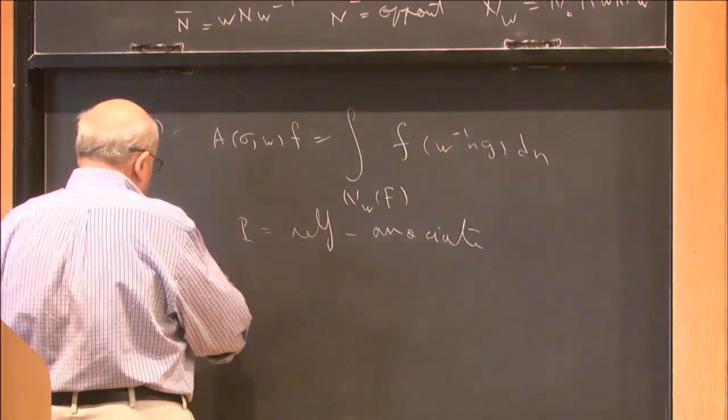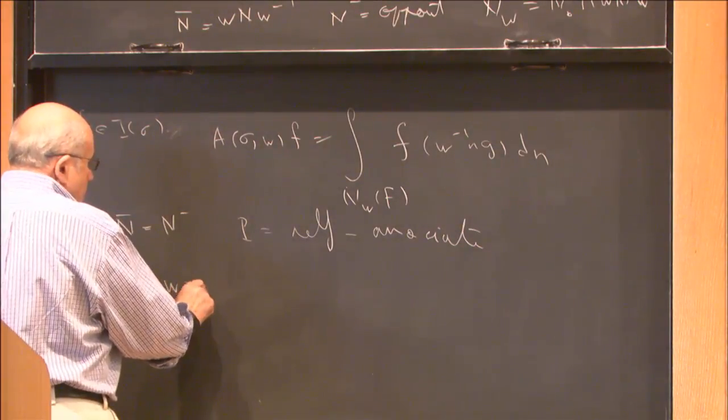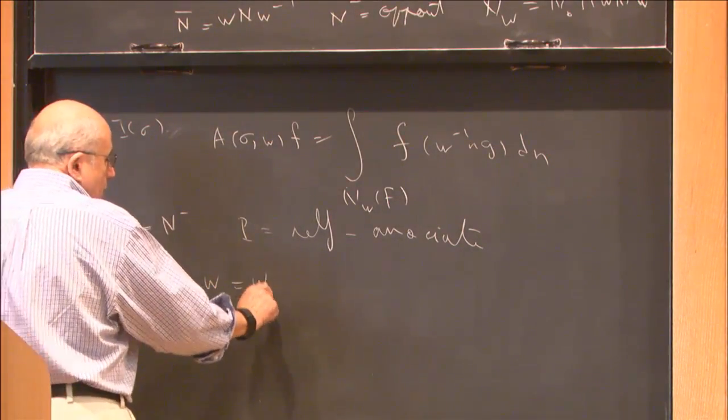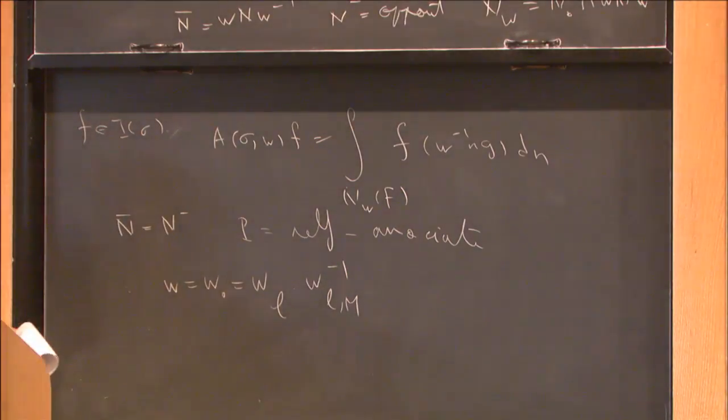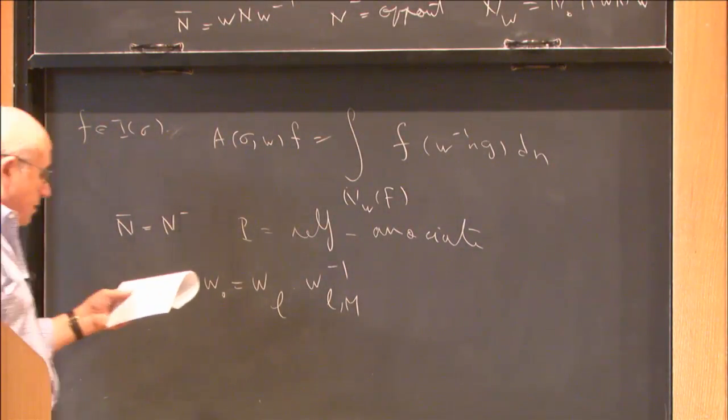And then I'll take w to be w naught, which is the long element, and of course I take representatives as Bill wants it.